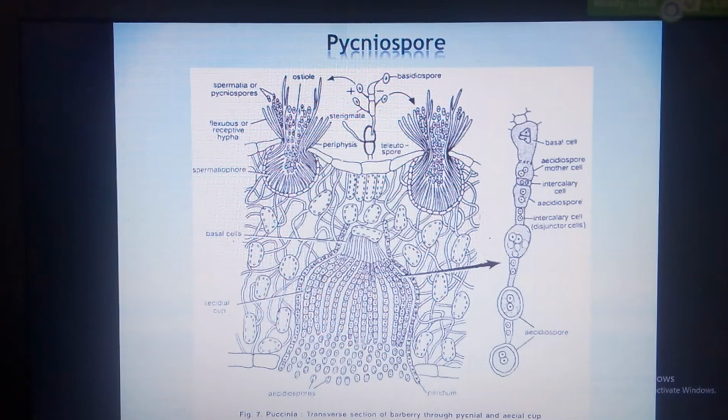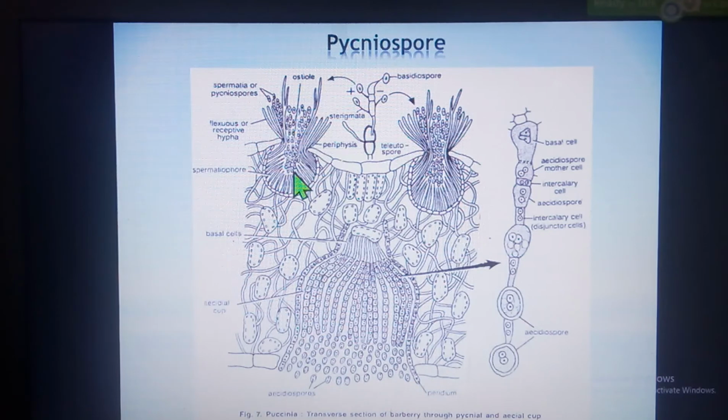Suppose this is a barberry leaflet. You can see here these are the pycnospores. Okay, the pycnospores are also known as spermatia. They germinate towards the upper side of the leaflet, producing a germ tube.